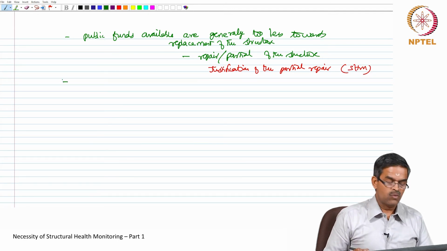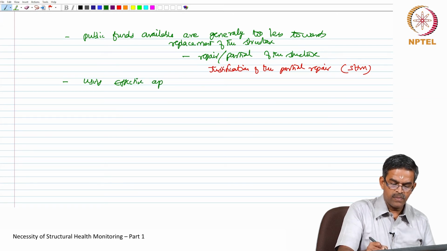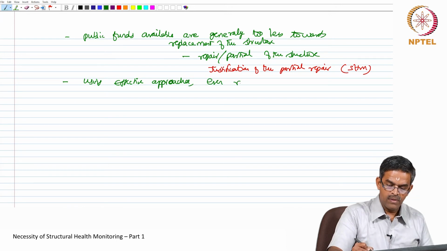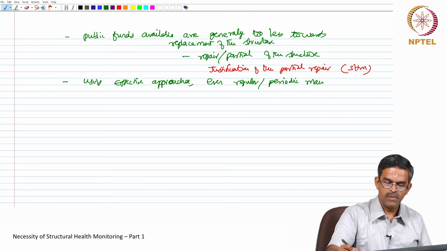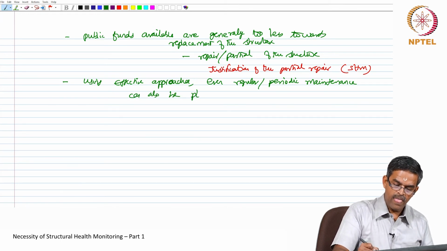Next point would be using effective approaches. A regular periodic maintenance can also be planned effectively.